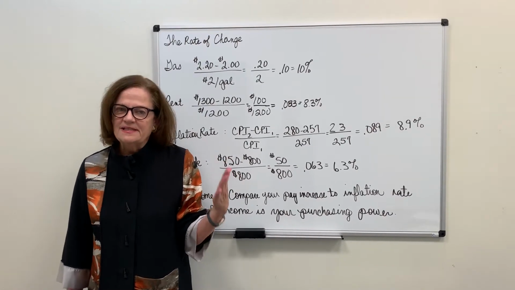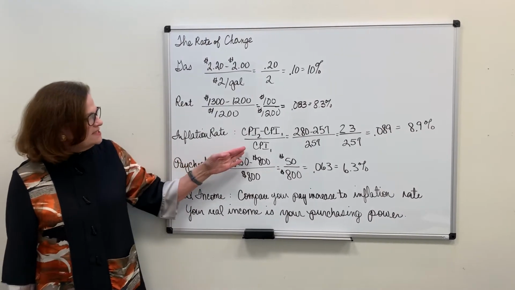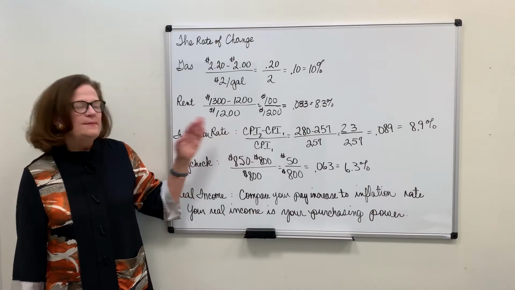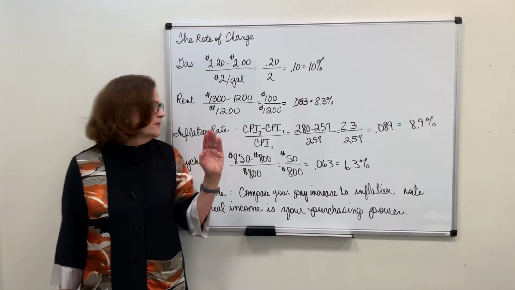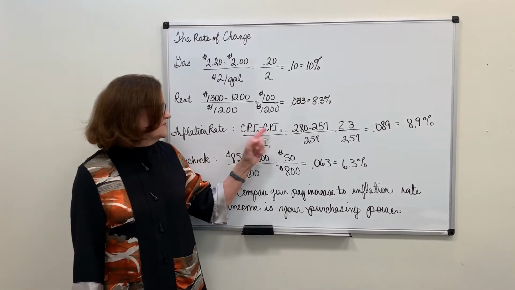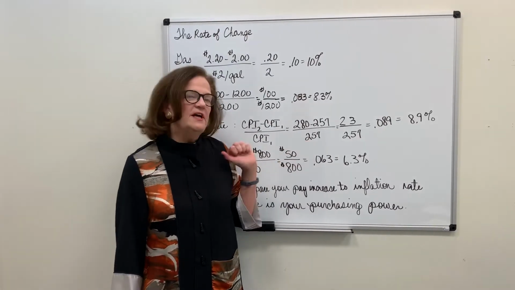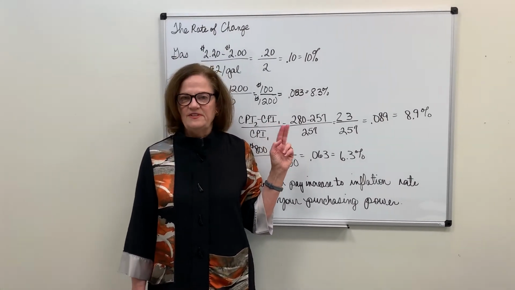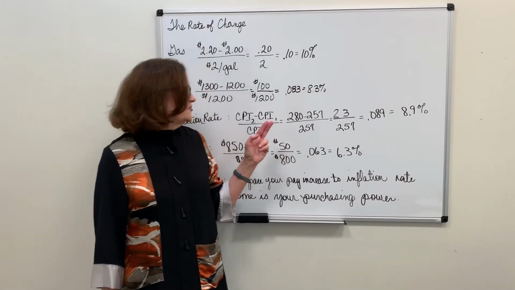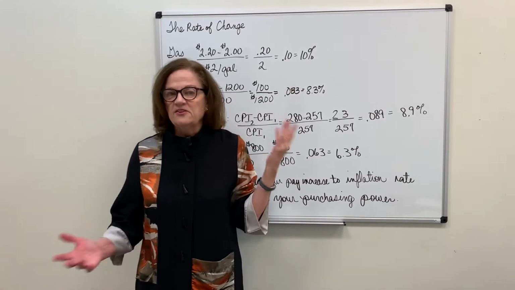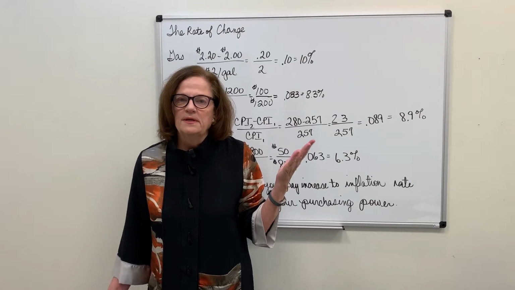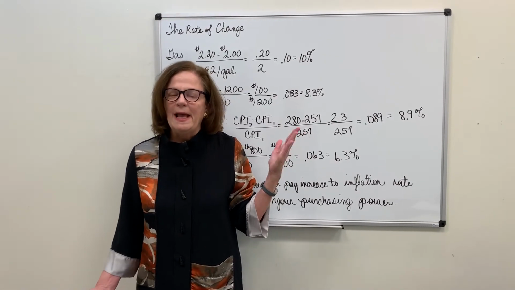How do they get it? You take one CPI value and the CPI value for the following year. So the second year minus the first year divided by the first year. Last year, the Consumer Price Index had a value of 257. Suppose we were living in a science fiction movie and the CPI jumped to 280.